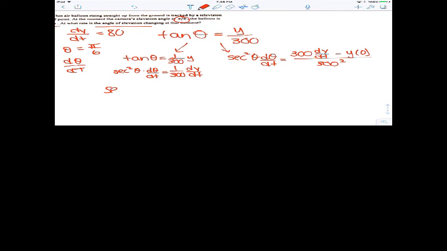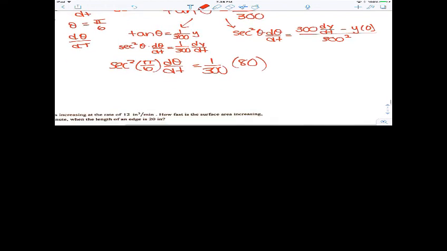We'd say, okay, secant squared of pi over 6 times d theta/dt equals 1 over 300 times 80. Now, the 80 over the 300, I can deal with that. Getting secant of pi over 6, what I'm going to do is find cos pi over 6 and then flip it, do 1 over that.